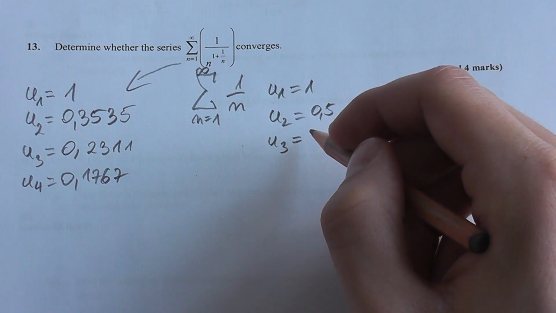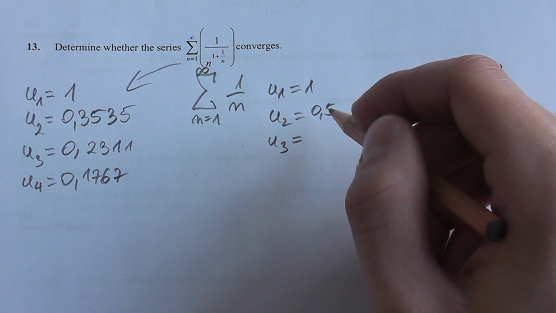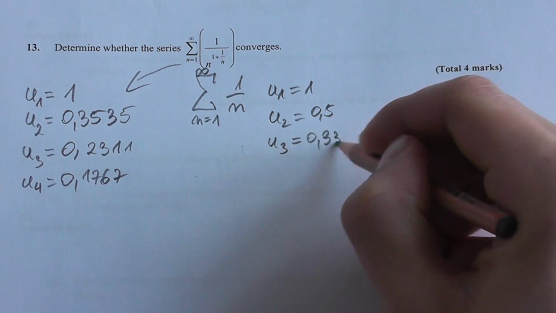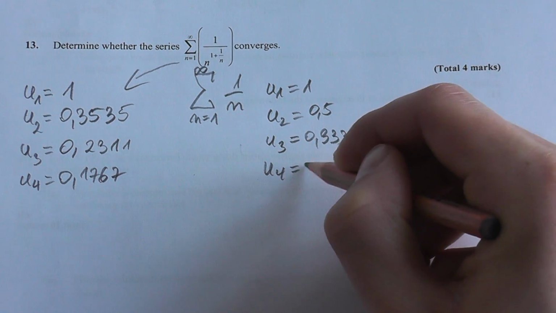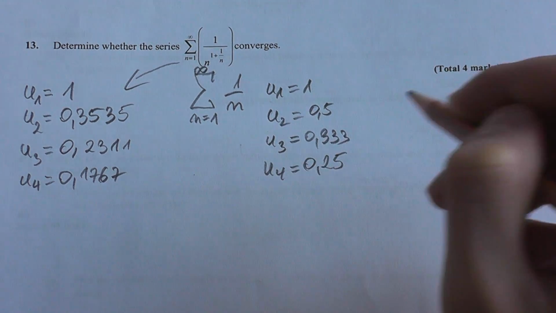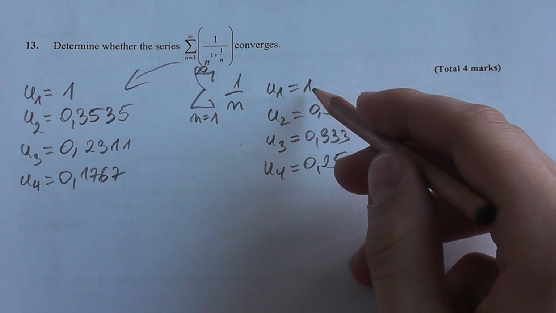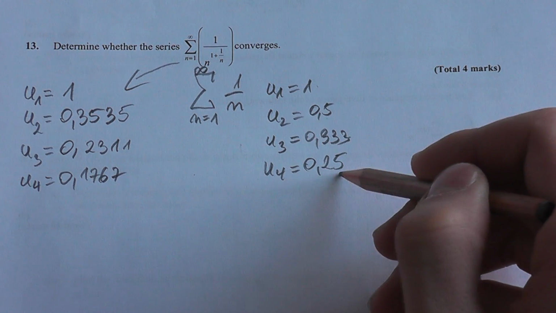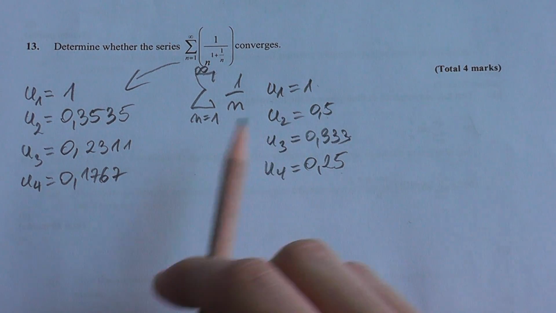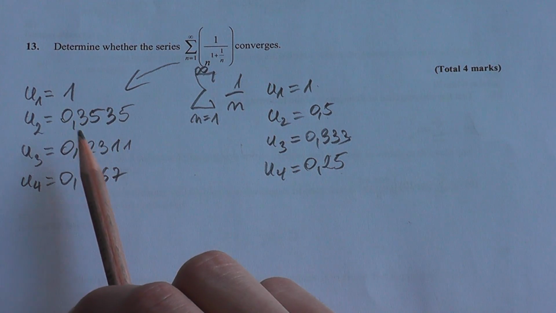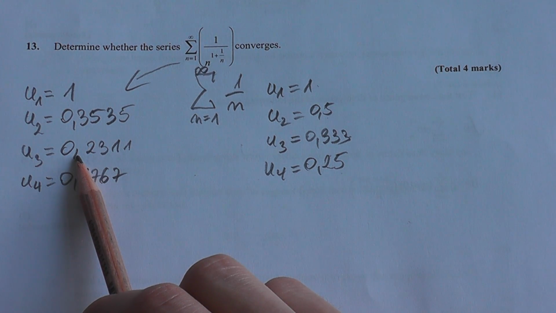The third term is going to be 0.33333. The fourth term is going to be 0.25, right? Because these are just fractions: 1, 1 over 2, 1 over 3, 1 over 4. So clearly this one is always bigger than this one.